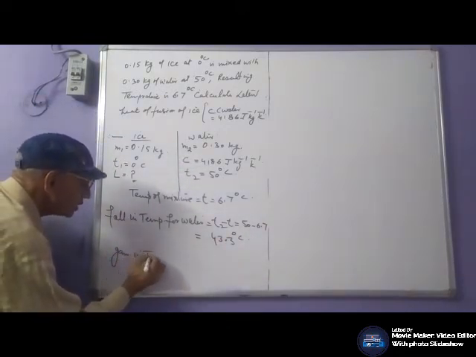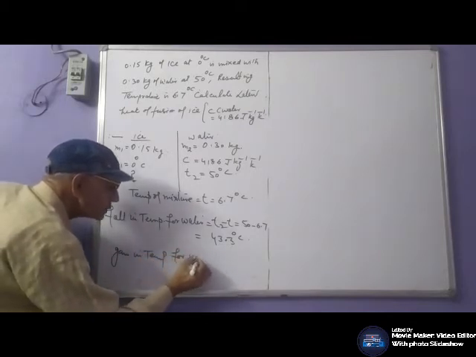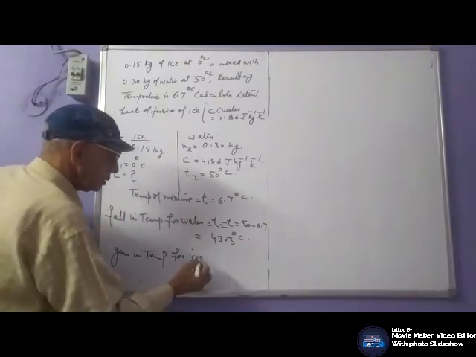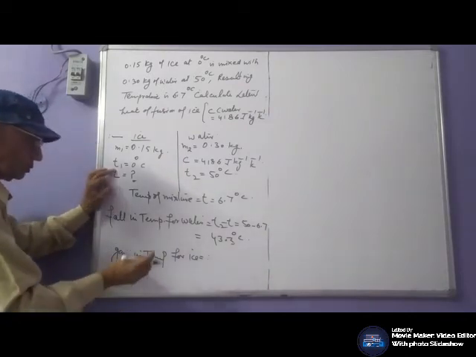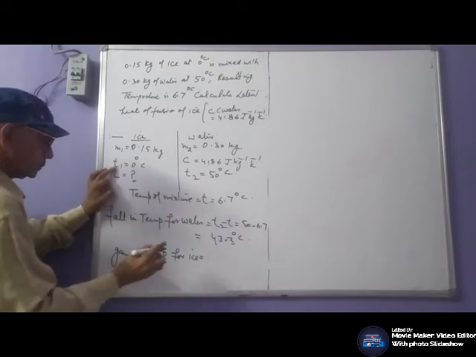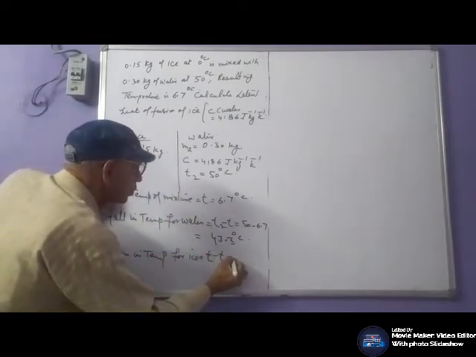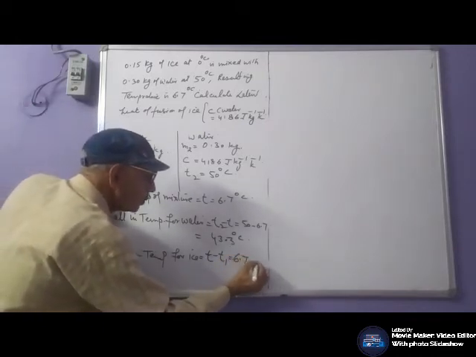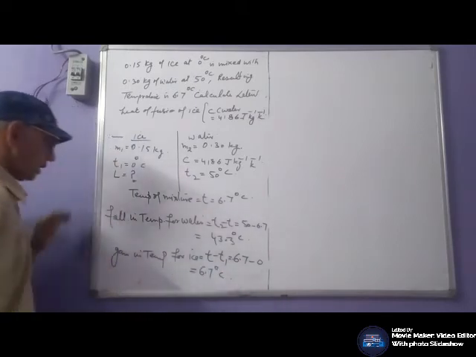Gain in temperature for ice: the temperature of ice is T1, the temperature of the mixture is T, so T minus T1 is 6.7 minus 0, 6.7 degrees Celsius.